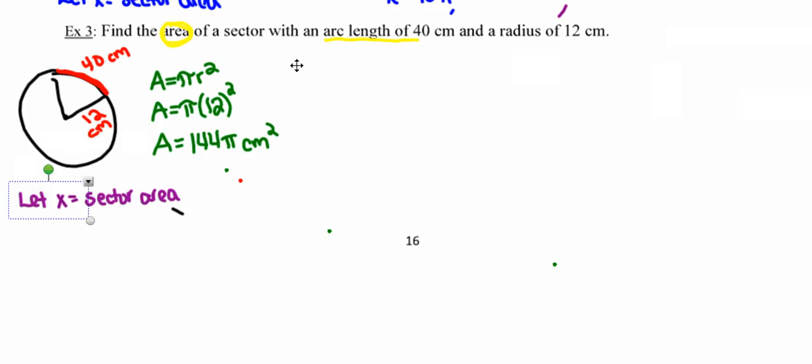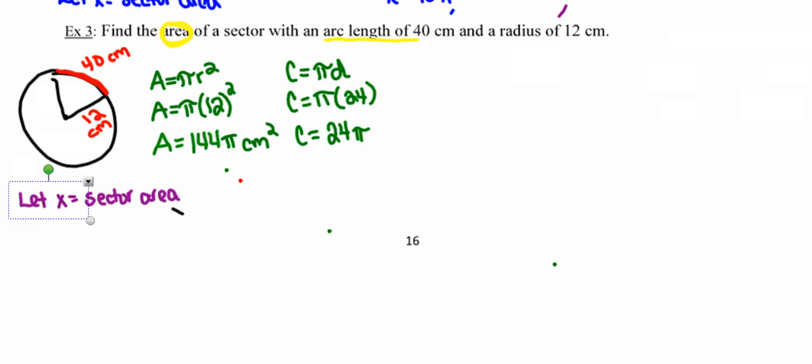But this time I also need to know circumference. So circumference is either pi times diameter or 2 pi r, however you want to think about it. I like pi times diameter. So the entire circumference of this circle is 24 pi.